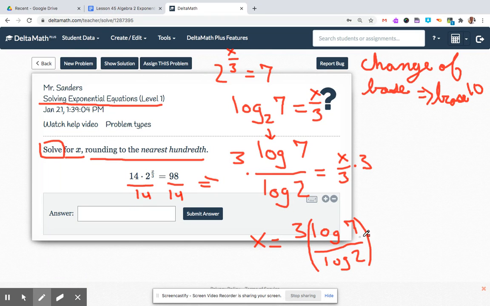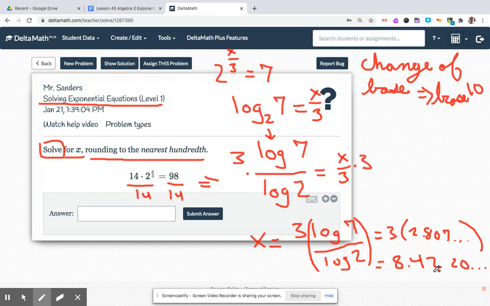And so right now, this is exactly equal to 3 times 2.807... Remember, you need to be able to get that stuff on your calculator too, if you're following along with me. And I say times 3. So final answer is 8.4220... Nearest hundredth.